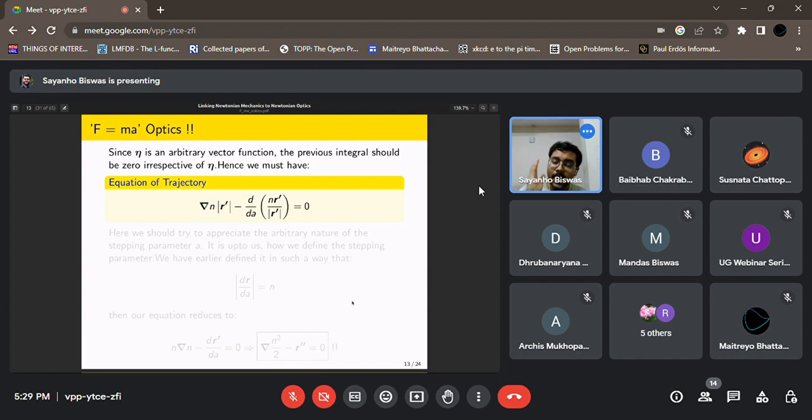That means R should give a stationary path, R vector. This is what I'm coming up with as an equation of trajectory, that means a differential equation of trajectory.